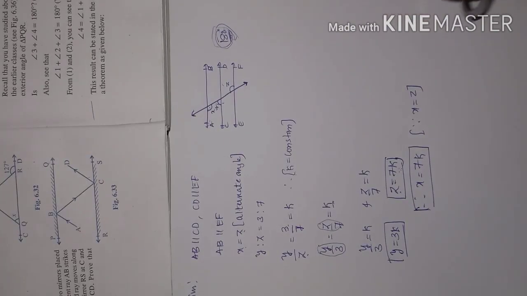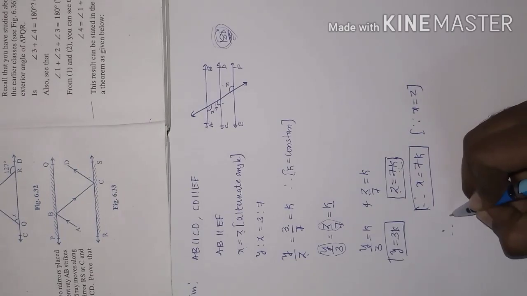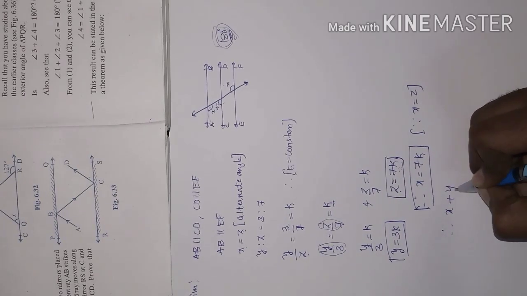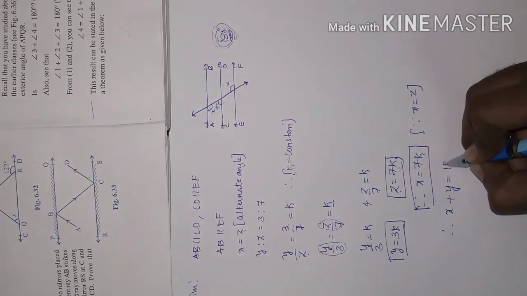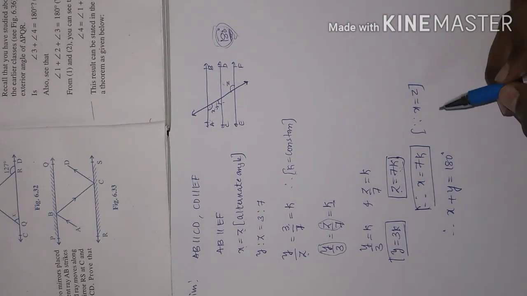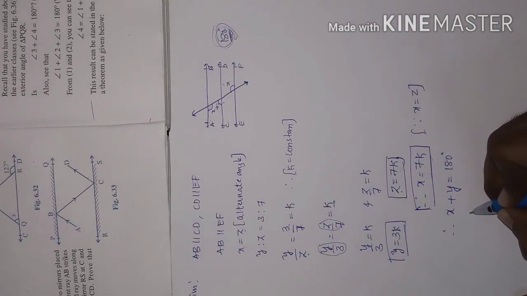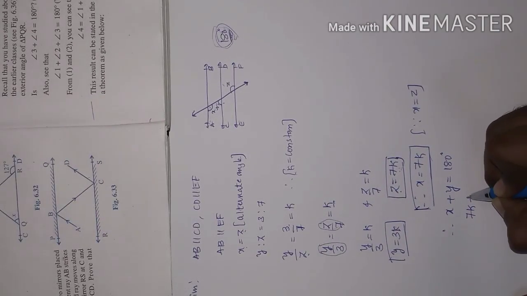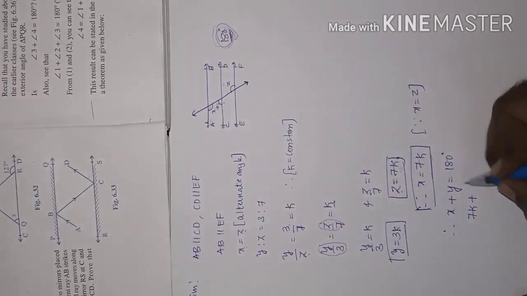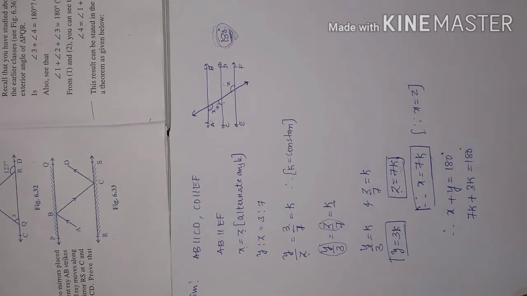Supplementary means 180 degrees. So that theorem we will use here. Therefore angle x plus angle y is equal to 180 degrees. As we know the value of x, we'll put the value as 7k, plus angle y, whose value we also know, that is 3k, which is equal to 180 degrees.